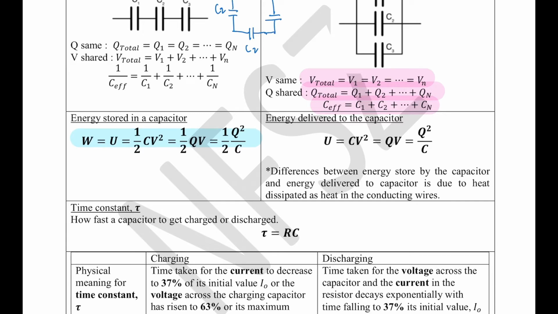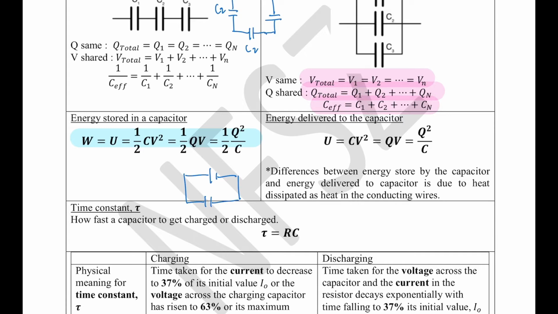Okay, then that is energy stored on the capacitor. Next one is energy delivered to the capacitor. So basically kalau kita kata dekat sini ada power supply, lepas tu ada capacitor. Okay, yang ini energy disimpan, yang tadi ni setengah-setengah ni lah. So now is energy delivered by the power supply to the capacitor. Dia tak ada half. Sebab apa?